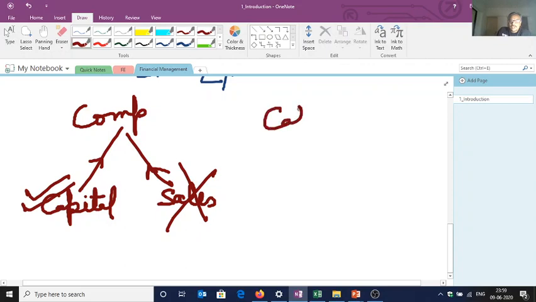Now the discussion of capital, if I try to link this with the financial statements, I'll say the discussion of capital is done in the balance sheet.